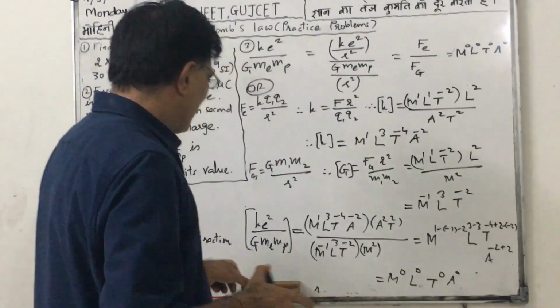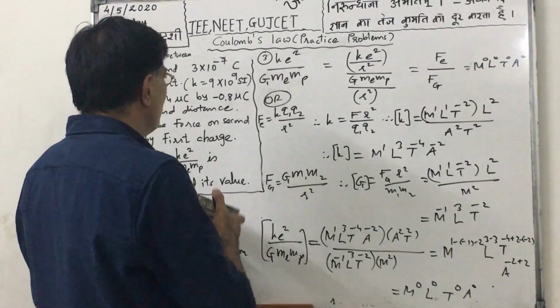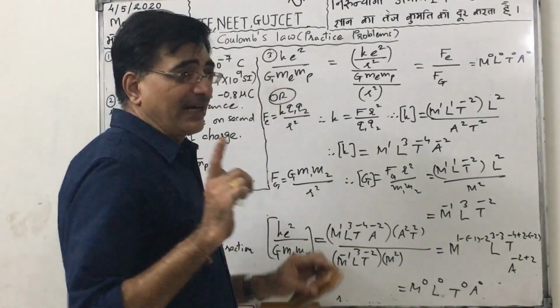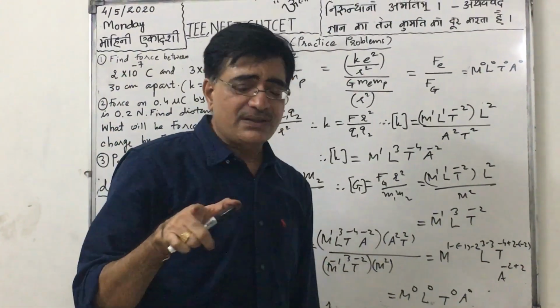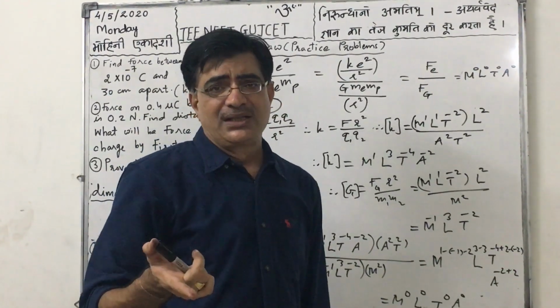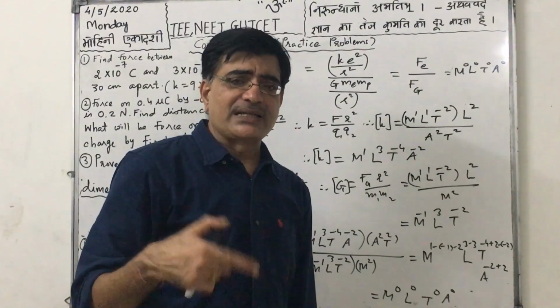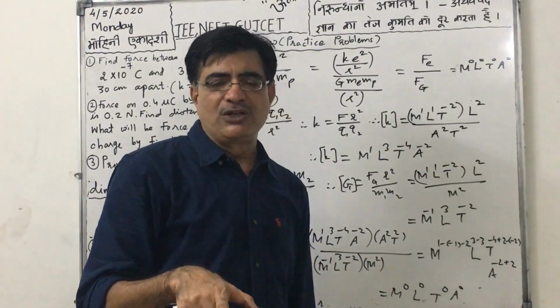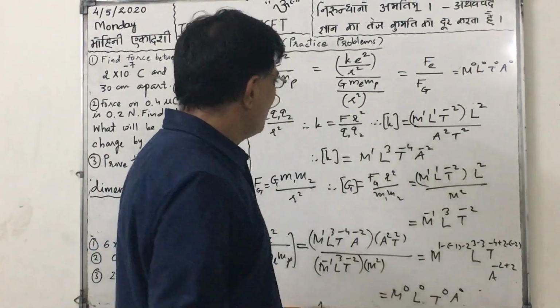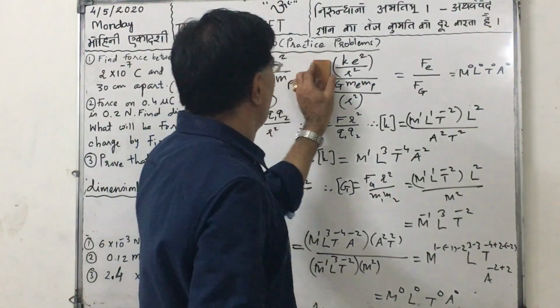Now they have asked us to find its value. For finding the value they should have given us K or epsilon naught. They have not given it. So we can take any value, either K as 9 into 10 raised to 9 or the value of epsilon naught. In the textbook they have considered epsilon naught.